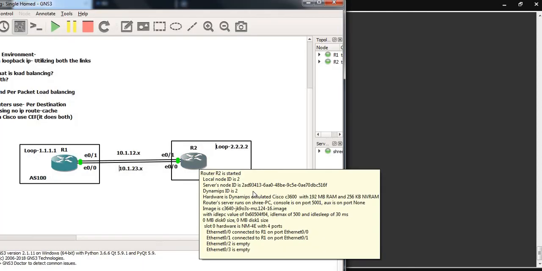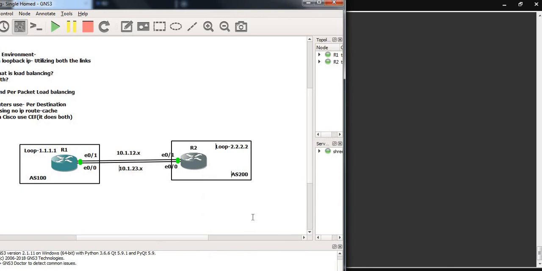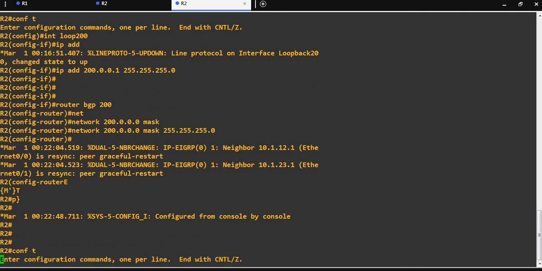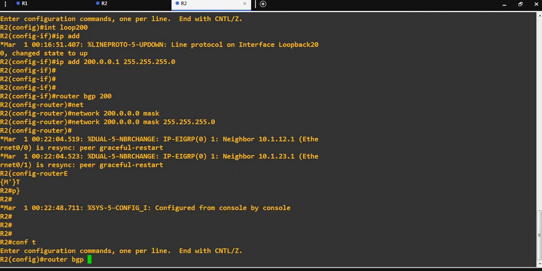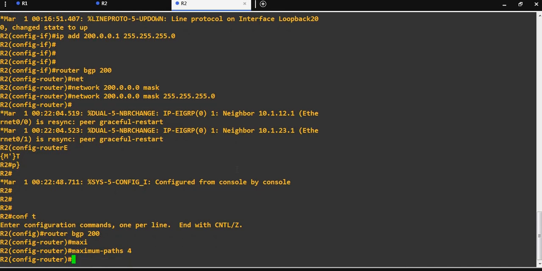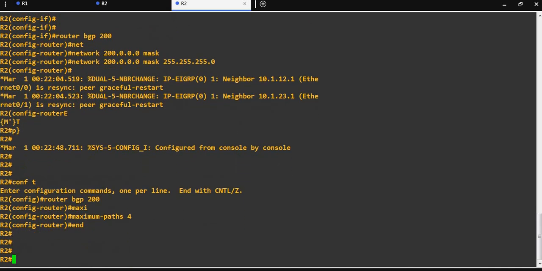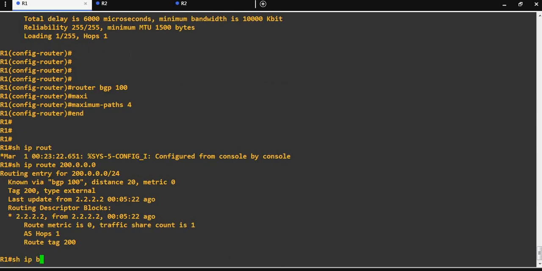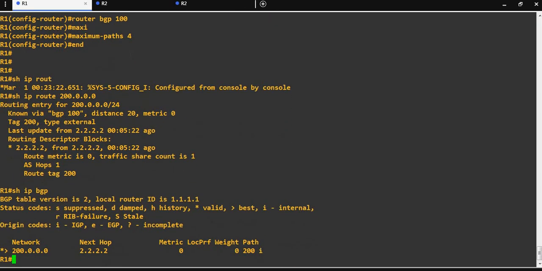If you really want to do load balancing using BGP, then you need to configure it using maximum paths, so that it allows multiple paths or multiple routes. So show IP BGP.